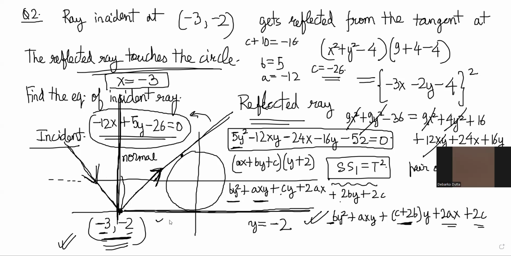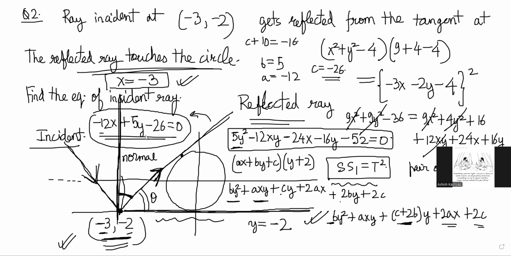Yes, sir. Because the mirror is parallel to the x-axis, the normal will be parallel to the y-axis, right? And now it should be obvious that because x is equal to minus 3, I can find out this angle. Why? Because I already know this angle, theta.